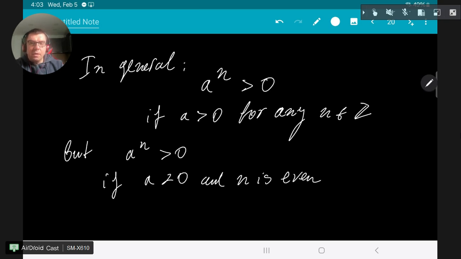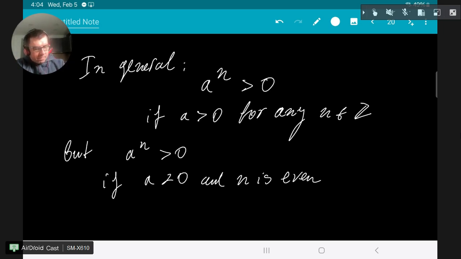Okay, so in the previous example I had minus 2 to the power of 4. Minus 2 to the power of 4 gives plus 16 because the exponent is an even number, because I have an even number of minuses multiplying each other, and every two minuses, when we multiply them, they'll give a plus. So finally the result is positive.